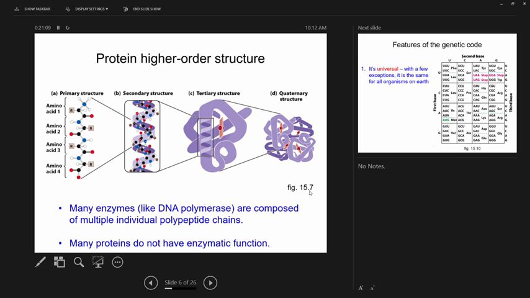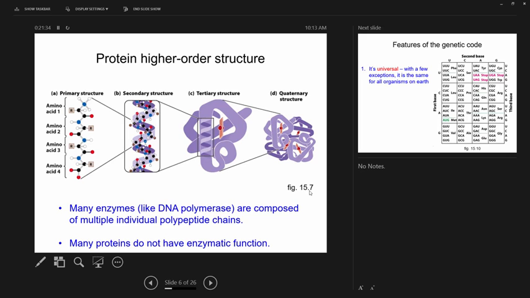But the side groups and also the backbone of the amino acid chain are going to interact to make secondary structure. So this shown here is called an alpha helix. It's a helix like DNA, only it's only got one chain in it, not two chains linked together like with DNA.